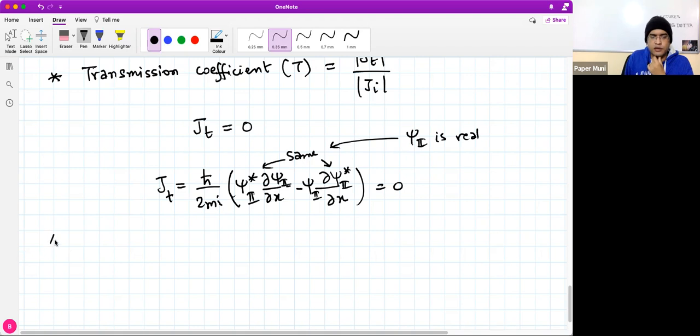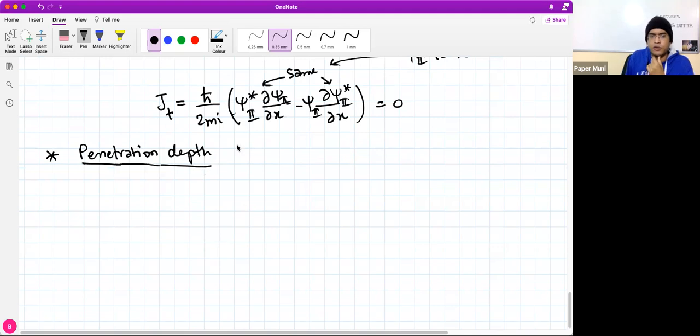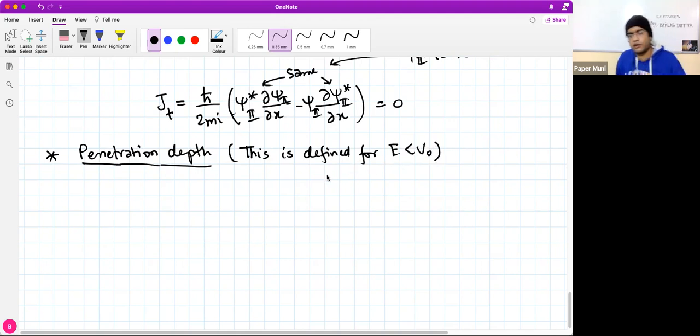So now let's talk about the penetration depth. How far the particle penetrates. This is only defined for the case when the energy of the particle E is less than V naught. It's not defined for the other case because in that case the free particle is free to move everywhere.